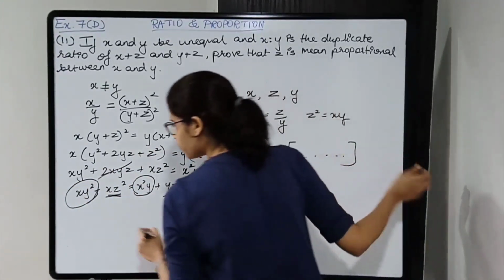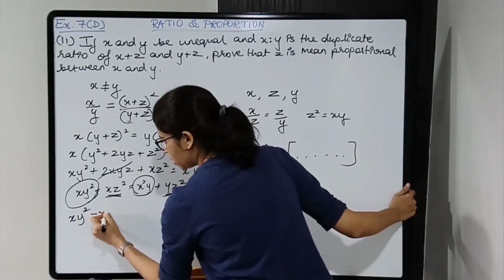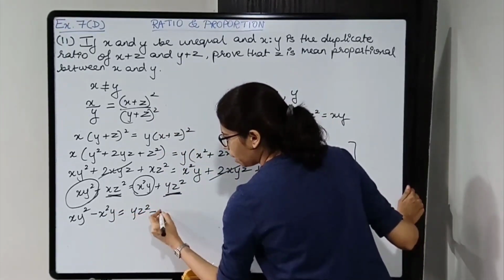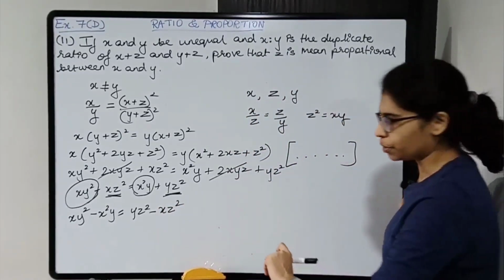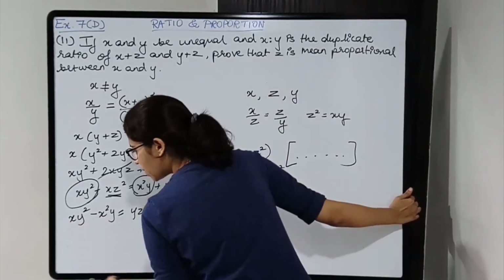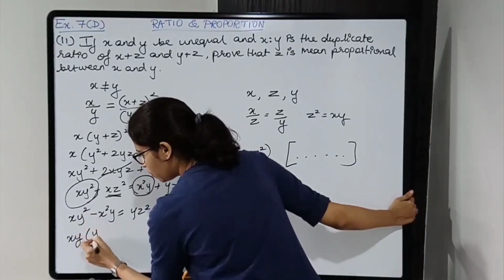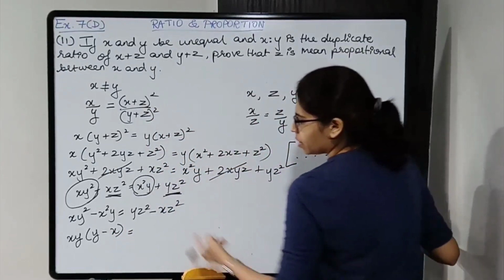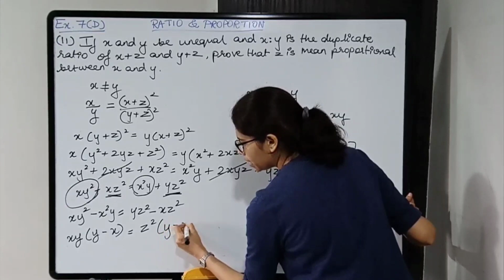So xy square and this will shift over here minus x square y is equal to yz square minus xz square. Now we'll take common. xy common we can take. So you're left with 1y and 1x. Here I can take z square common. So you're left with y minus x.